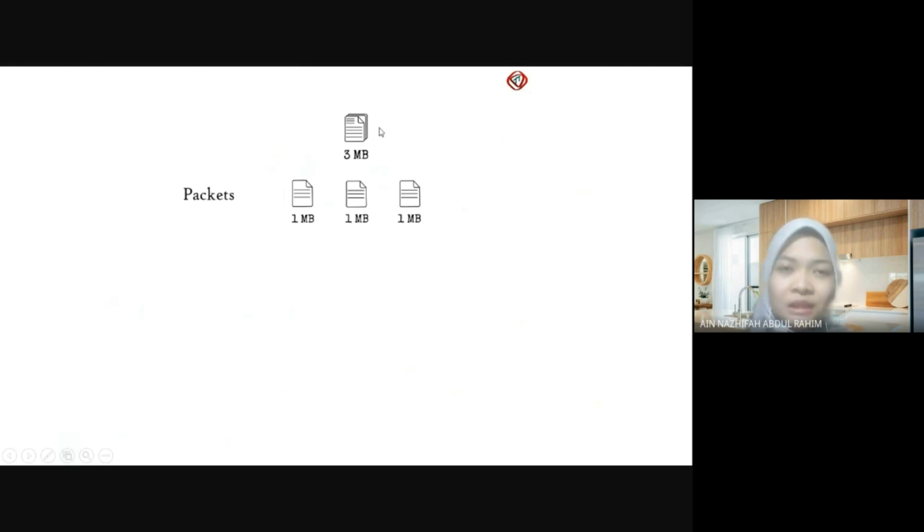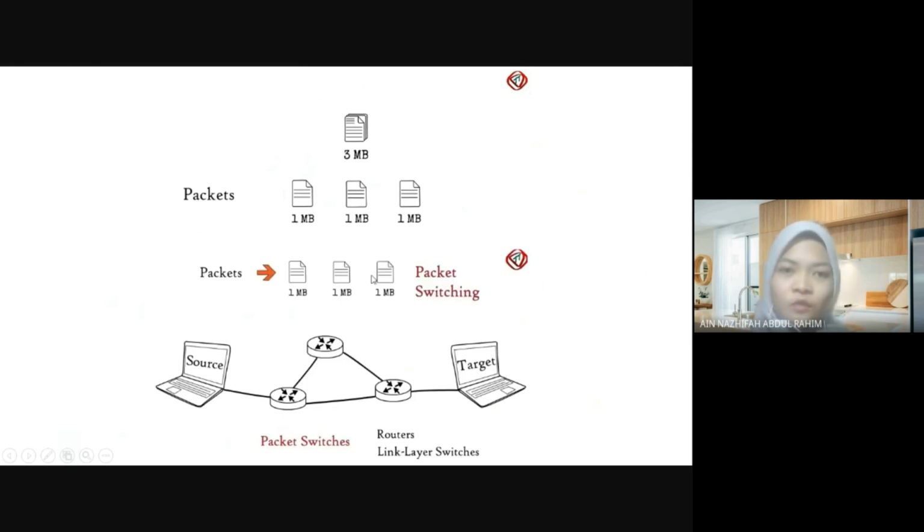This data is not small enough to be sent in only one data packet. So in packet switching, this data will be chunked into several data packets. These data packets will be sent through the routers, and the routers will send your data packets to the destination. For further explanation, you can watch the video that I have made.